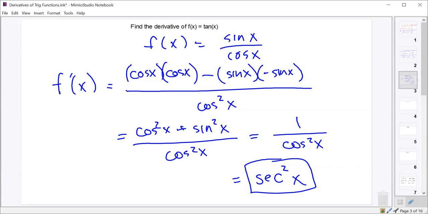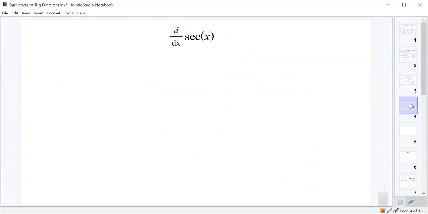All right. What about the derivative of secant? Well, secant is 1 over cosine, so we should be able to use the reciprocal rule for that. The reciprocal rule says negative the derivative of the denominator.